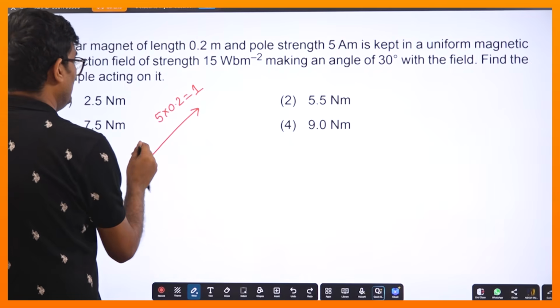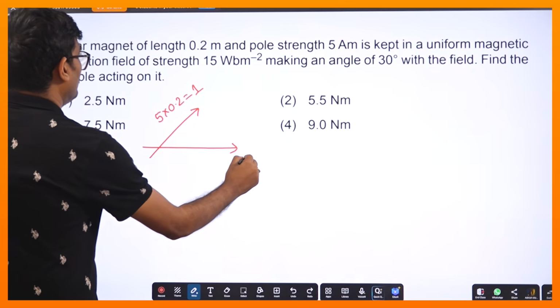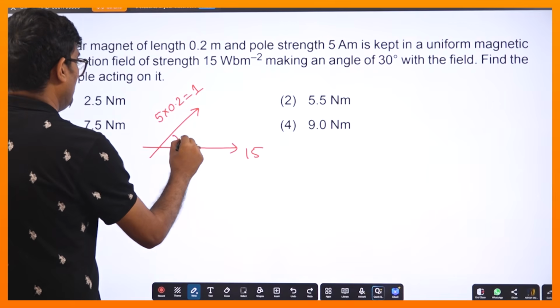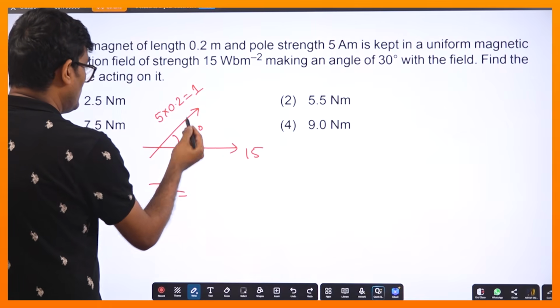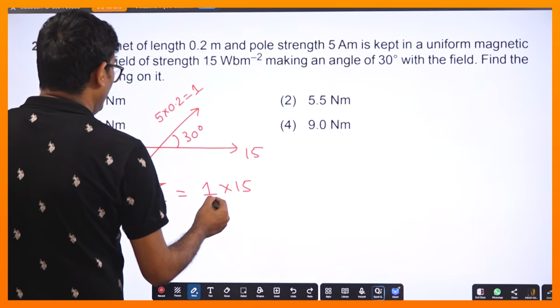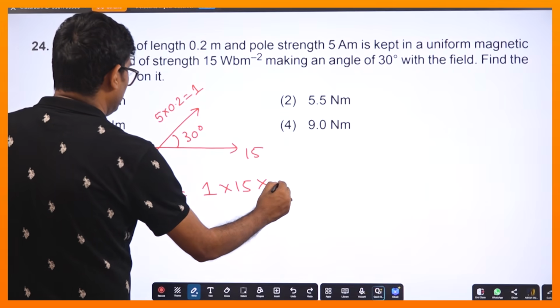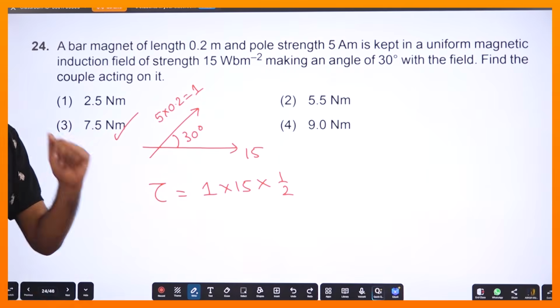Dipole moment is this one, and magnetic field is 15, and 30 degree with the field. So what is the torque? Torque is equal to P cross B, mu cross B, whatever you say. It is field into dipole moment into sine 30 degrees. 7.5 Newton meter is the correct answer for this question. Got it?